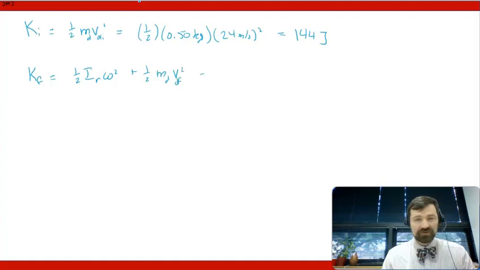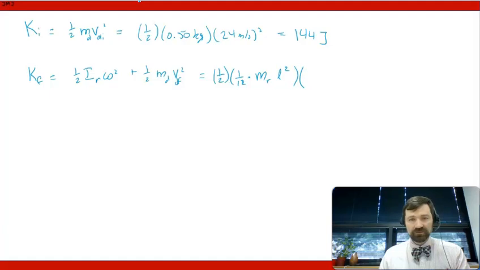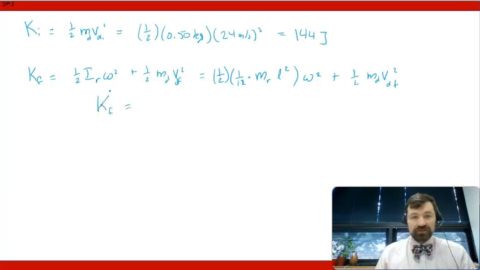My final should be 1/2 I rod omega squared plus 1/2 mass disk v final disk squared. So I'm looking at 1/2 of, and then this term again was 1/12 of the mass of the rod times the length squared of the rod times the omega squared, and then that is added to this other term. All right, so we're ready to plug our numbers in to get the final kinetic energy.